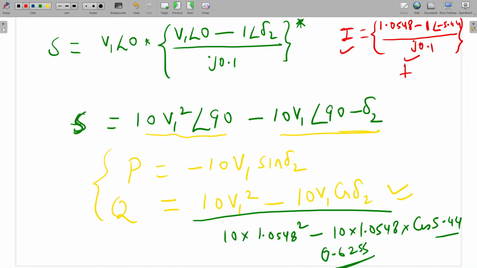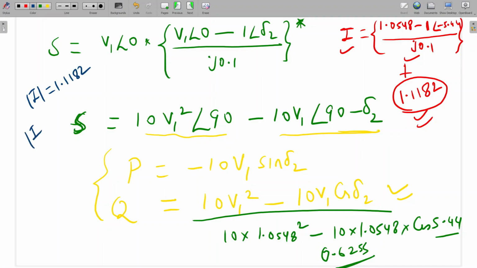So 1.0548 angle minus 5.44, minus 1, divided by 0.1 J. So the magnitude I am getting is 1.118. Is everyone getting this magnitude? 1.1182. I magnitude will be 1.1182.